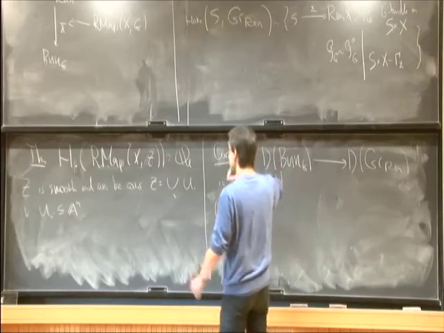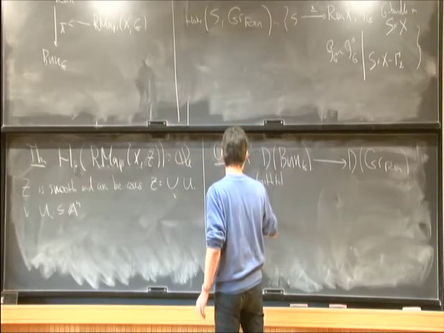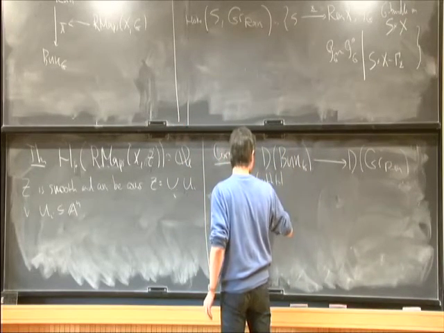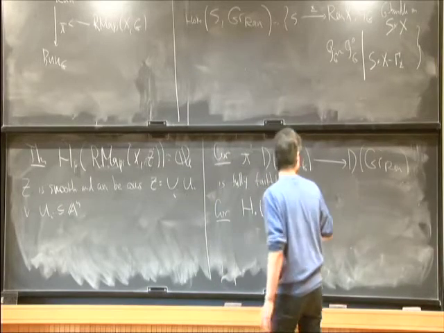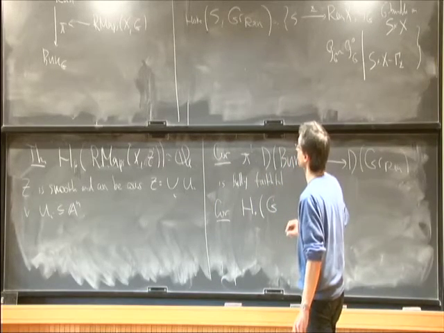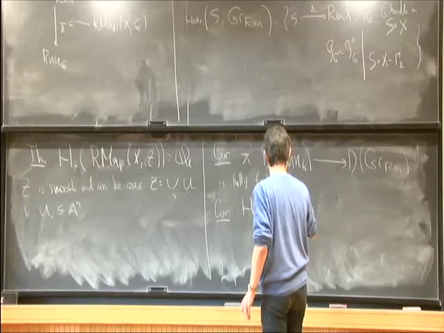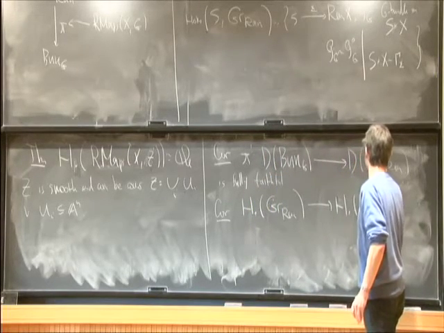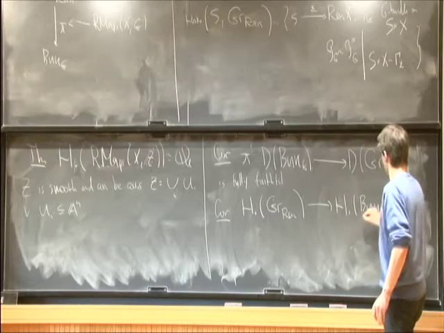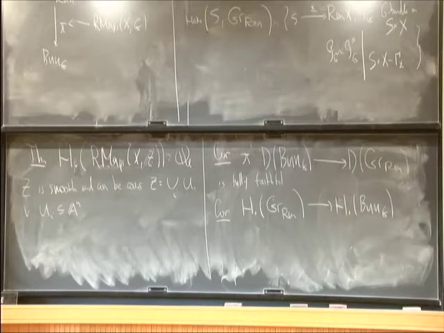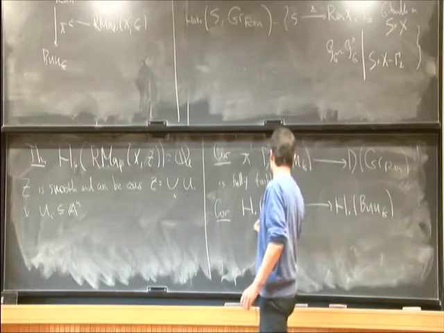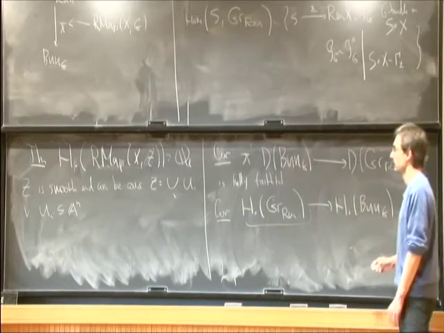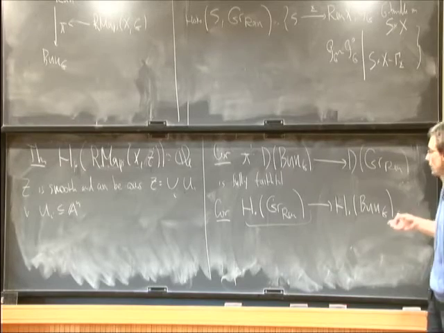So the trace map defines an isomorphism from the homology of Bun_G that we are interested in, which can be computed as the homology of the affine Grassmannian. By the way, this theorem, unlike the Atiyah-Bott formula, holds for any G.